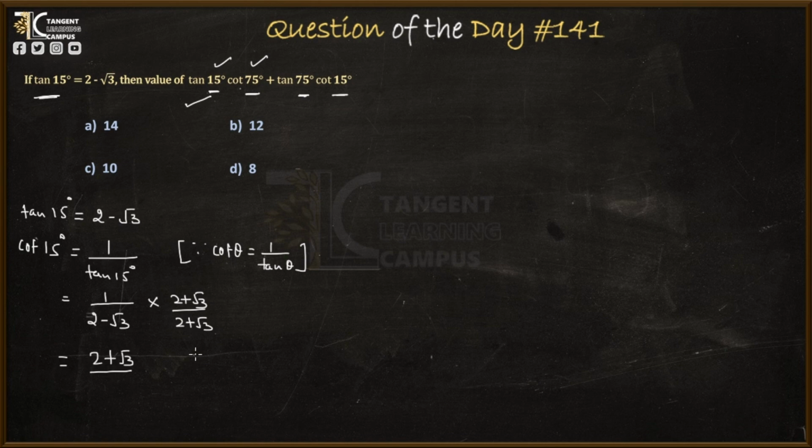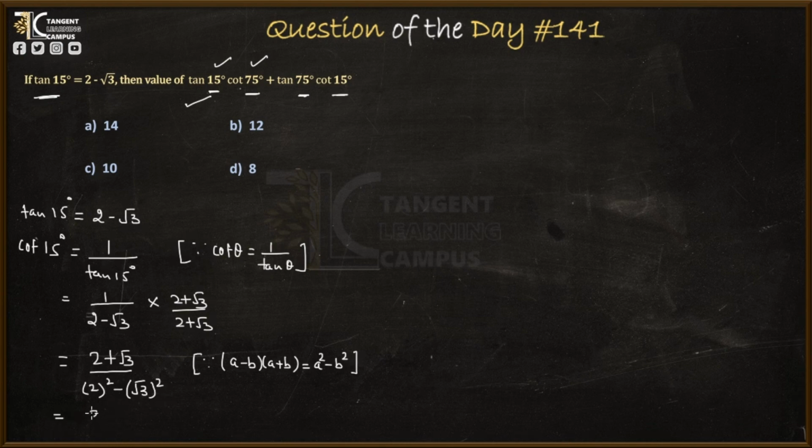Here we can apply the algebraic identity a minus b times a plus b is equal to a square minus b square, right? So square of 2 we write 2 square minus, the value of b here is root 3, so square of root 3.